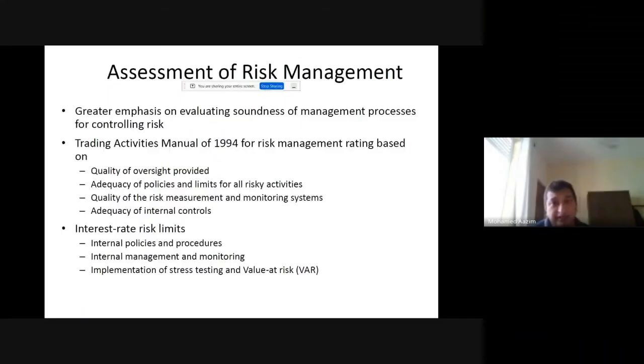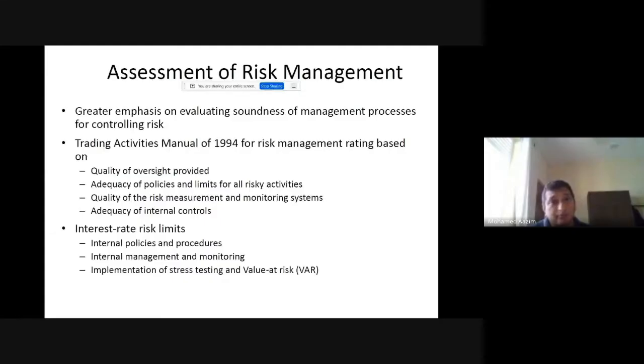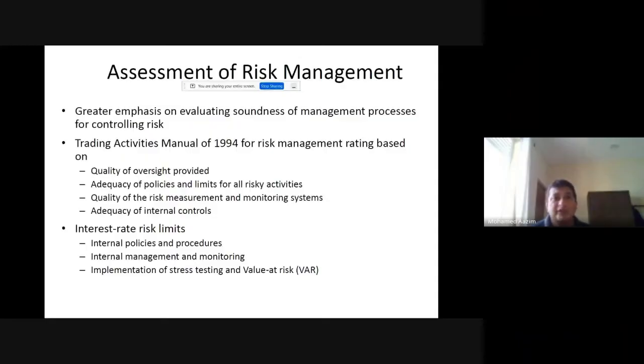People with ulterior motives could make significant gains if you don't put in place all these risk processes. So the assessment of this risk management is part of this regulatory process.